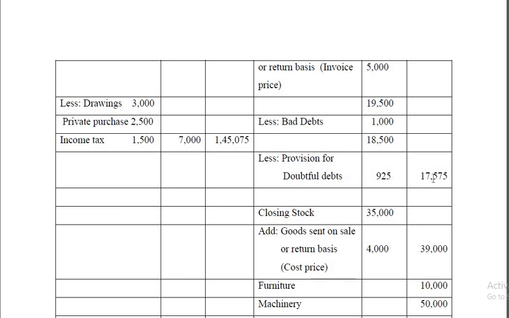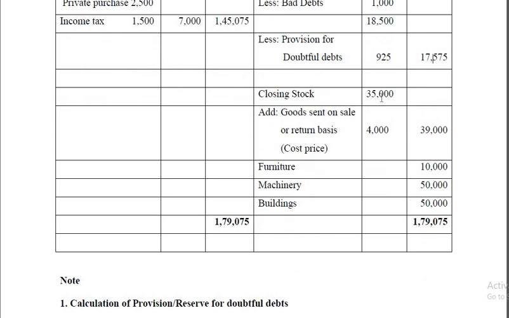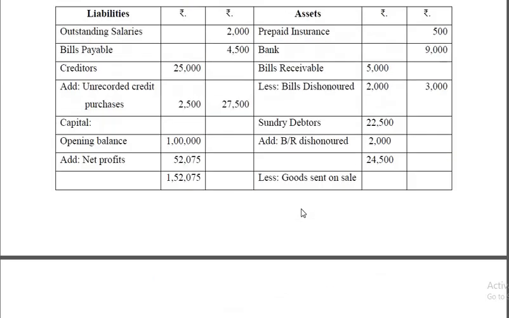As a result, net our final balance of sundry debtors on the outer column of the balance sheet is 17,575. Closing stock is 35,000 and goods sent on sale or return basis 4,000. Together 39,000. Furniture 10,000. Machinery 50,000. Buildings 50,000.